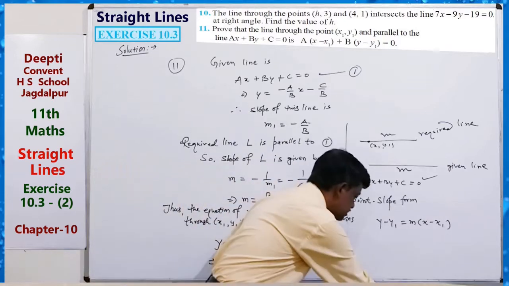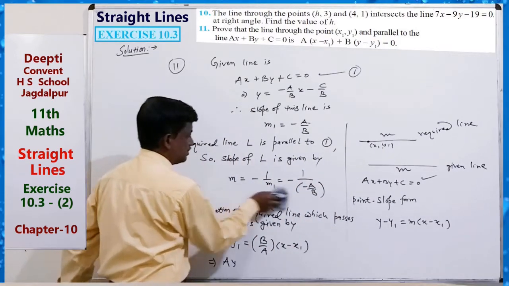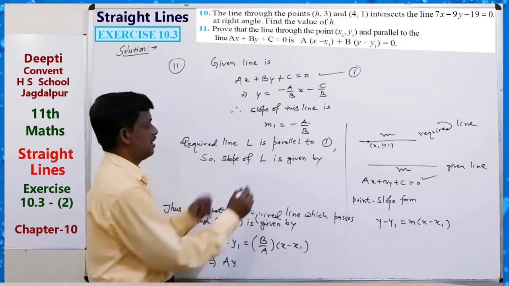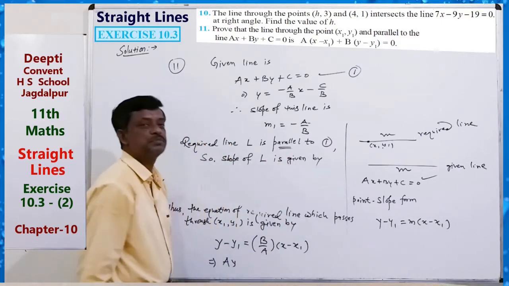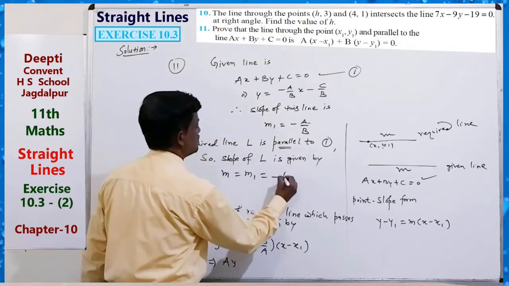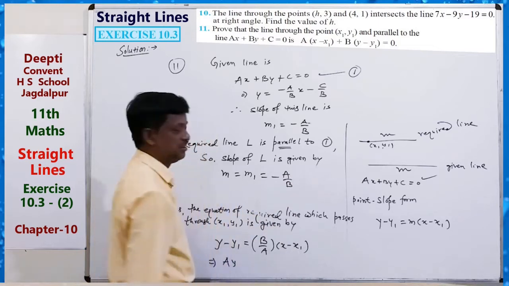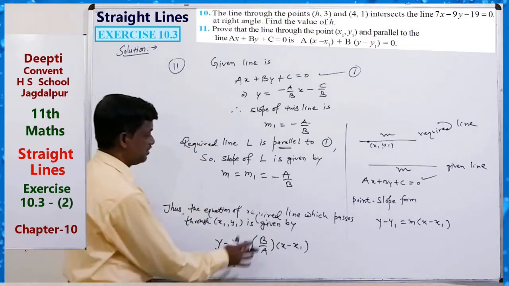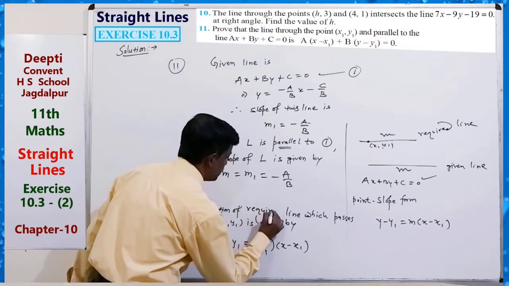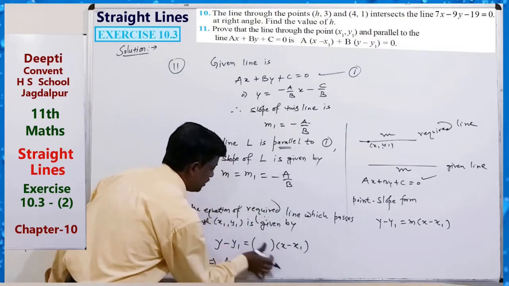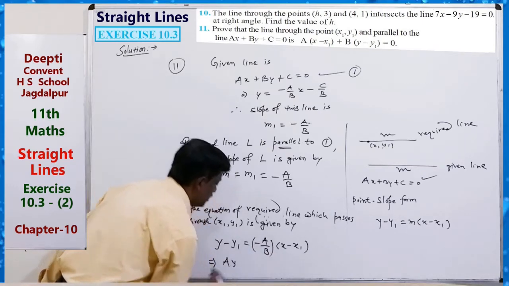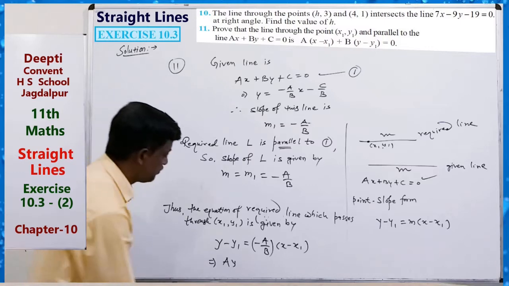Sorry, this is not like this, because the line is parallel, so m is equal to m1 equals minus a by b. For the parallel line, here we will use minus a by b.